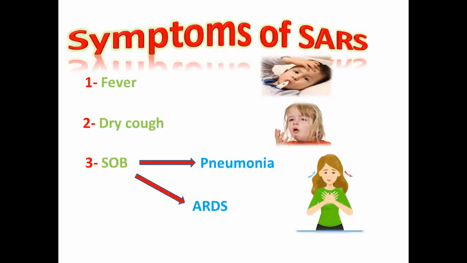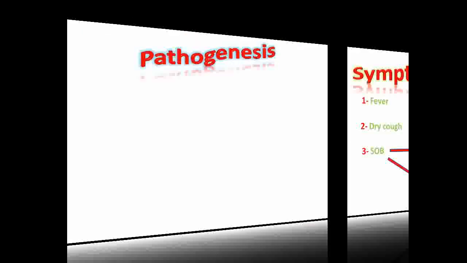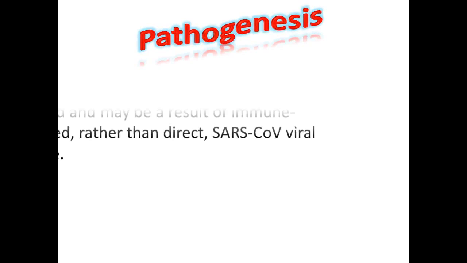So what is the difference between pneumonia and ARDS in general? The answer is pneumonia affects a specific region of the lung, while ARDS affects the entire lungs. And lastly, the pathogenesis.